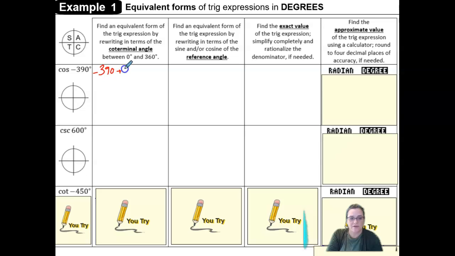So we're going to add 2 revolutions by adding 2 times 360. And that's equal to 330 degrees. Okay, so that means that the cosine of negative 390 is equivalent to the cosine of 330 degrees.